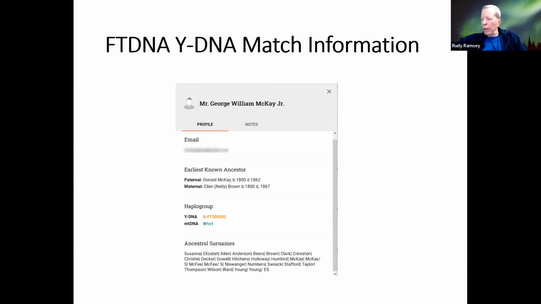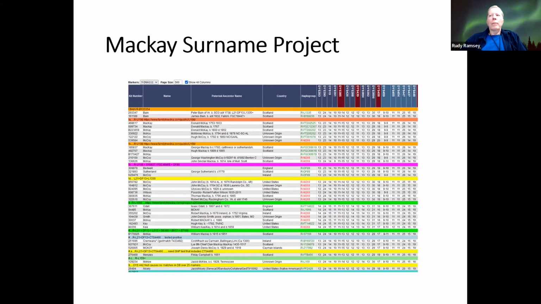There are naturally ways to look at your own sample in more detail and do some other interesting things. But the real meat of analysis in a study of the sort that I'm reporting here is in the surname projects. The first time I saw this spreadsheet, which stretches off 100 more columns to the right and many hundreds of columns down, and looks very complicated, I was really intimidated by it.